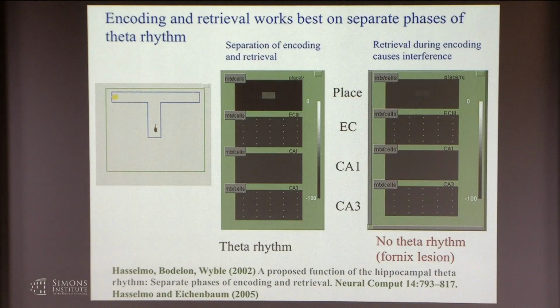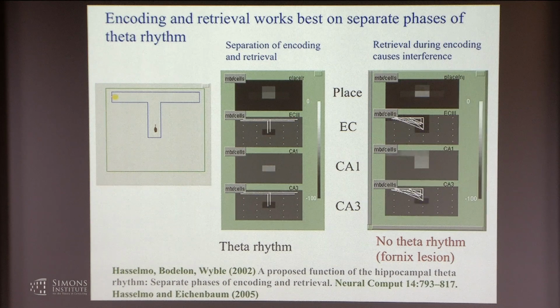So this was very exciting to me because earlier on I'd done simulations where we'd shown separation of encoding and retrieval on different dynamics, and related to this, discussed the idea that encoding would be driven by the current sensory input and the retrieval would be on a different phase of theta, which is necessary to get nice, clean representations to avoid the sort of interference that Lorenz actually shows can happen in these types of models.